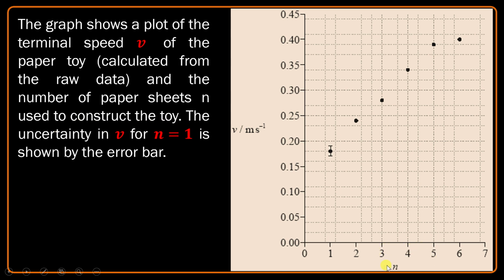Okay, here I have number of paper sheets. Number necessarily will be an integer. So it starts from 1, goes to 6, maximum 6 paper sheets. Okay, then the uncertainty in V for n equals 1 is shown by the error bar. Yeah, here I just see the uncertainty for n equals 1.